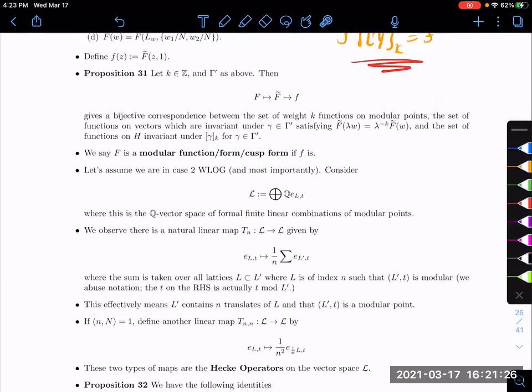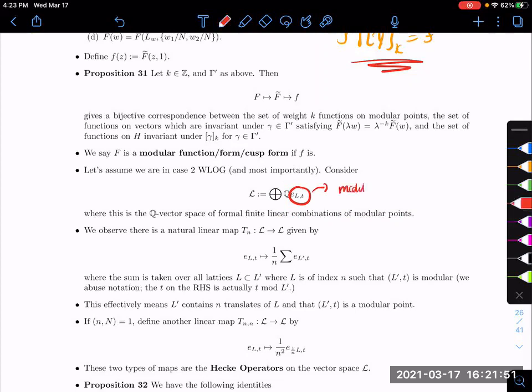And what it's going to be is the direct sum of these guys that I'm going to write as Q E sub LT. What we're really doing is taking the Q vector space, the rational vector space of all formal finite linear combinations of modular points. So these guys right here are my modular points.